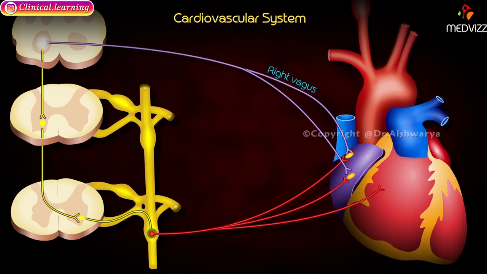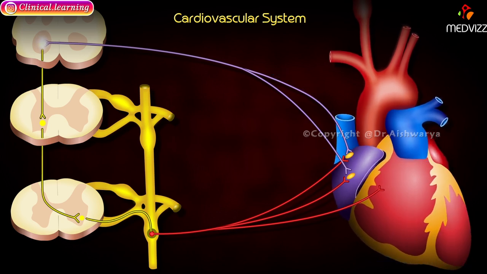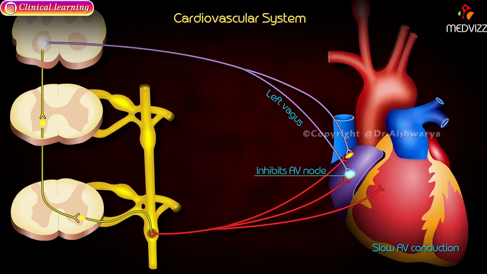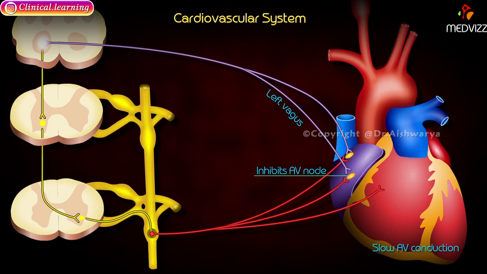The right vagus inhibits the SA node and decreases heart rate. The left vagus inhibits the AV node and slows AV conduction. So this is what you need to know about the autonomic nervous system to the heart.